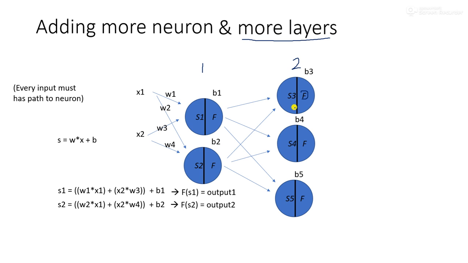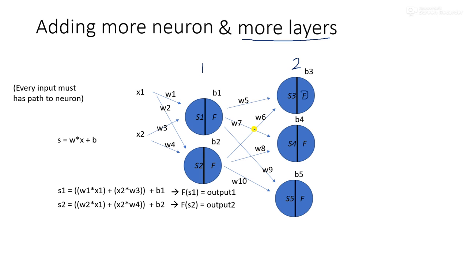This is 2, this is 3, 2 times 3 is 6, because every input must go to 3 neurons. At the same time, you have 6 weights, 1, 2, 3, 4, 5, 6, each weight corresponding to one path. The name W5 continues from W4 because the value of each weight is different.